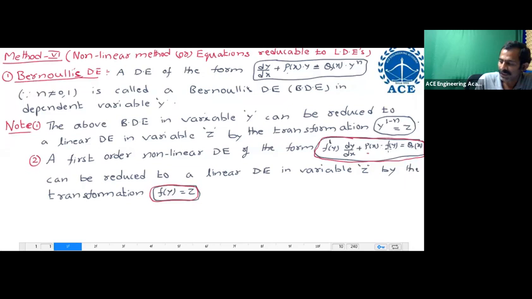But here p of x into f of y is there. f of y means it is a function of the dependent variable y. Because of the function of the dependent variable, it is a non-linear differential equation, but it is also reducible to linear. So one is Bernoulli's equation, the other one is this note point 2 equation. Only these two are reducible to linear for first order first degree.